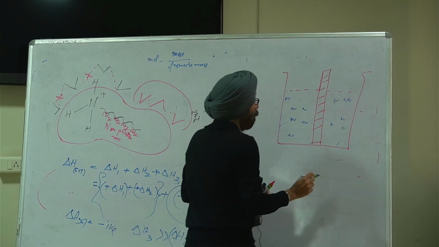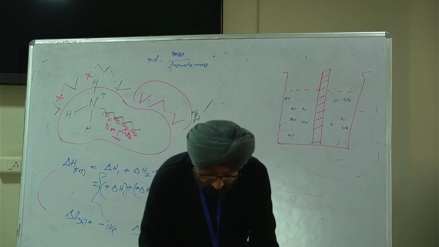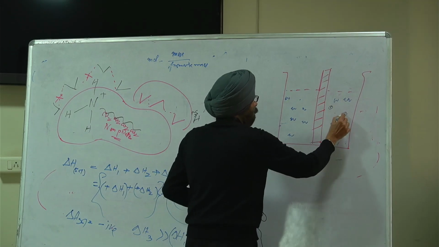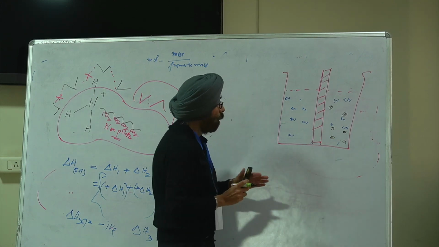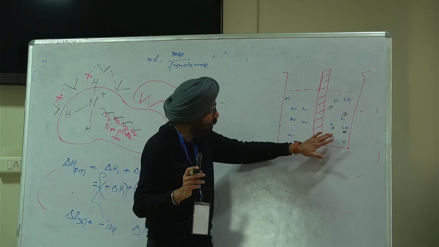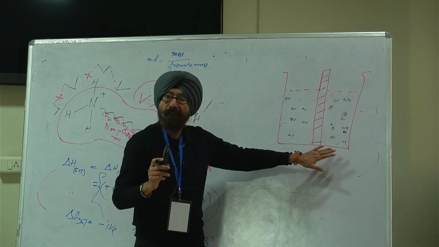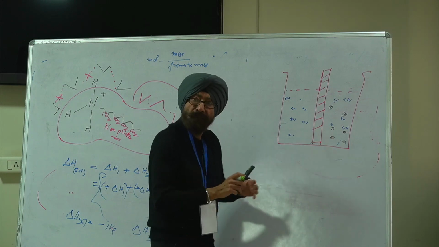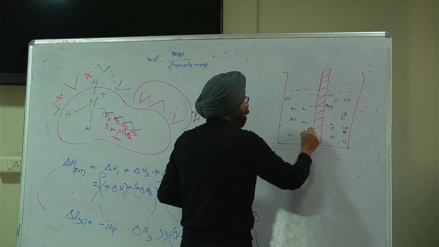But on the other side, I add the solute. Obviously the amount of water molecules available for hydrogen bonding is much more over here than over there, because some of the water molecules are associated with the solute particles. Therefore the effective amount of water reduces over here, so water molecules start moving from the left component to the right component.